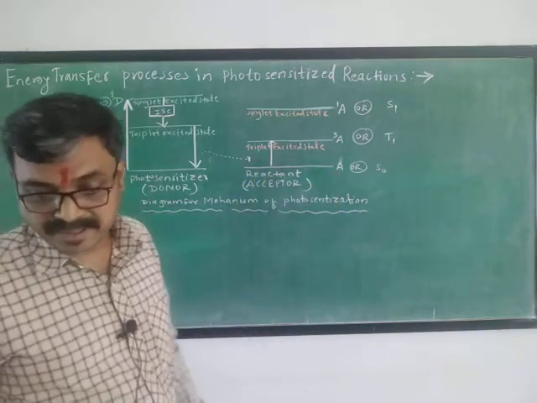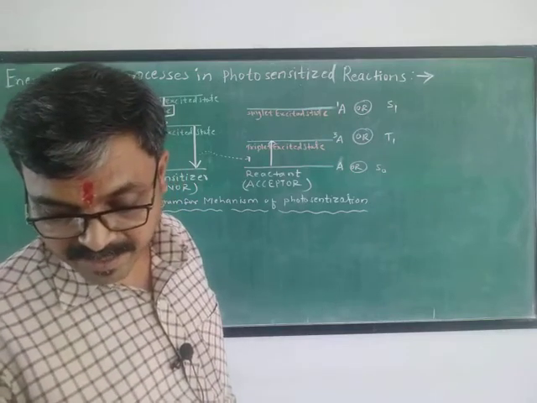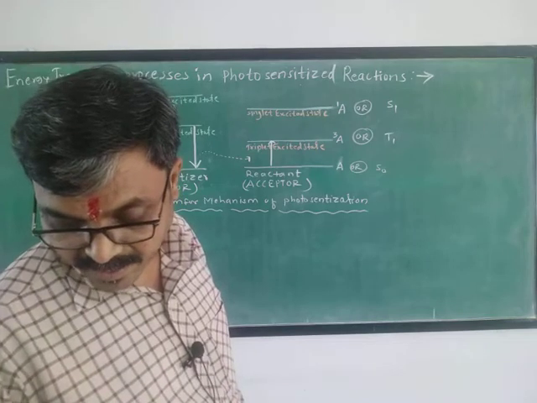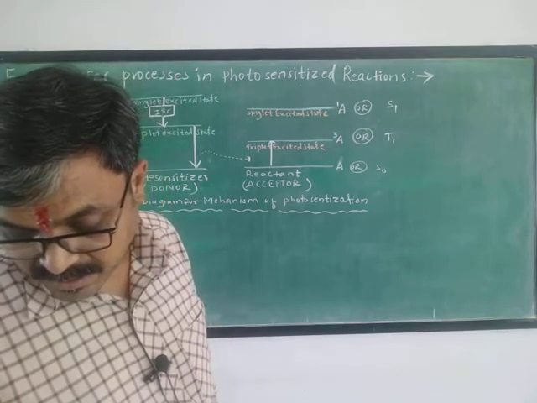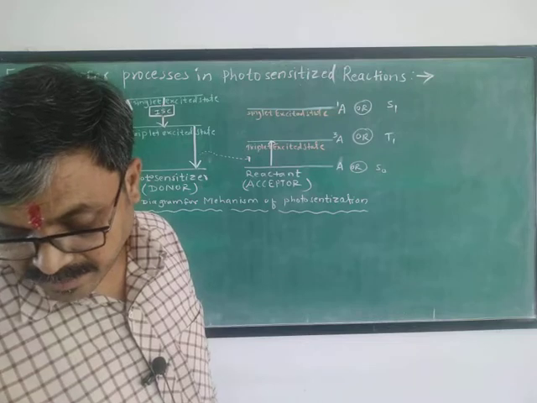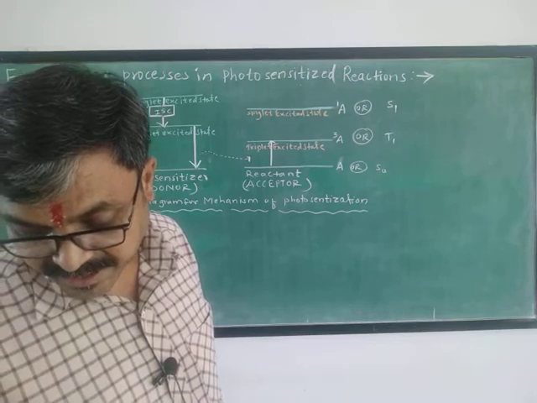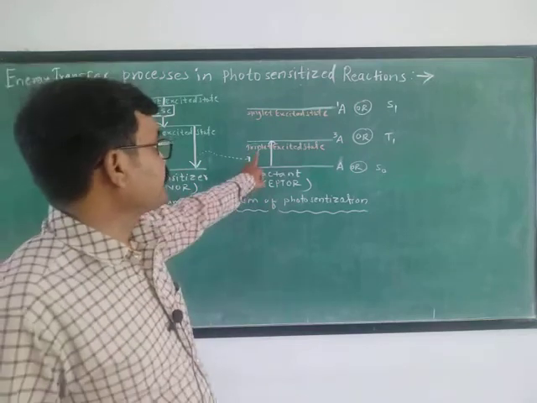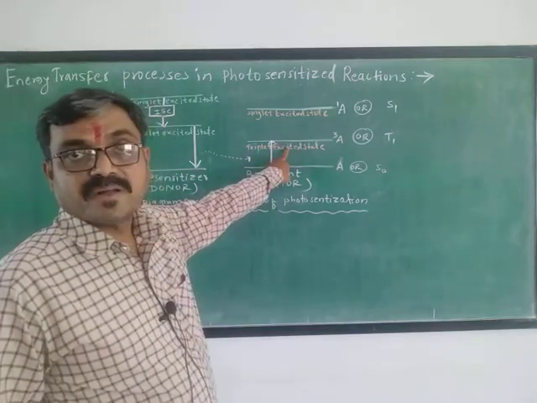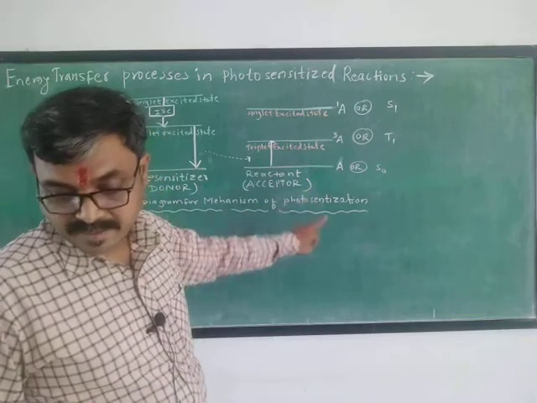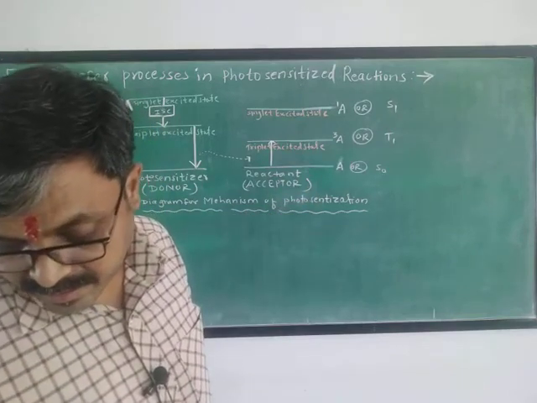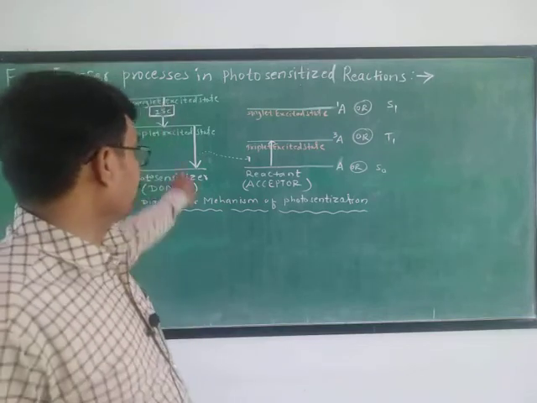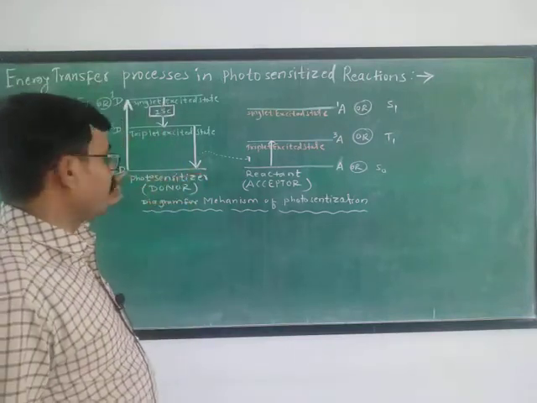And after this energy is transferred by the donor to the reacting species, what happens? The triplet excited state of the donor collides with the acceptor, producing a triplet excited state of the acceptor, and also the ground state of the donor.